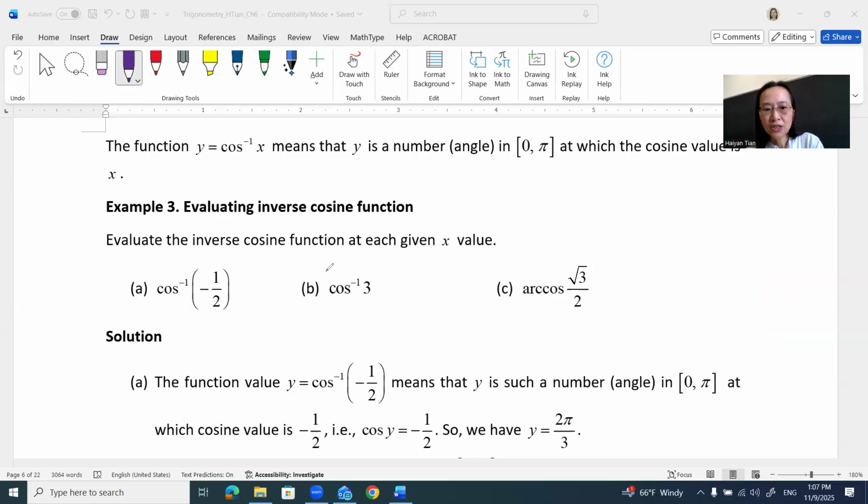Next question. If the inverse has input value 3, what is the function value? We don't need parentheses, let's simply write it like this. So the function value y, if you rewrite, is such a y whose cosine value is 3.